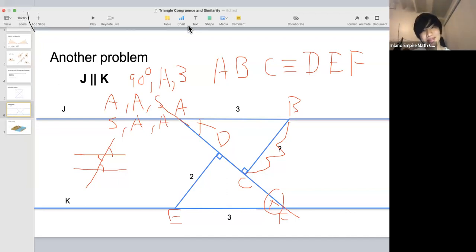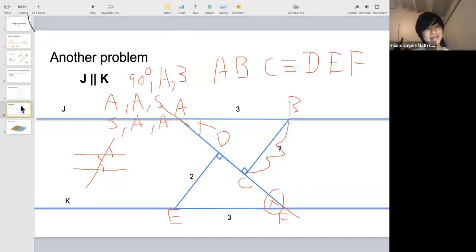In case you can check the chat, side angle angle does constitute congruence. And if you remember, it's because if we have a line here and a certain angle, and another certain angle, there's only one possible length of this side right here that will create a triangle.